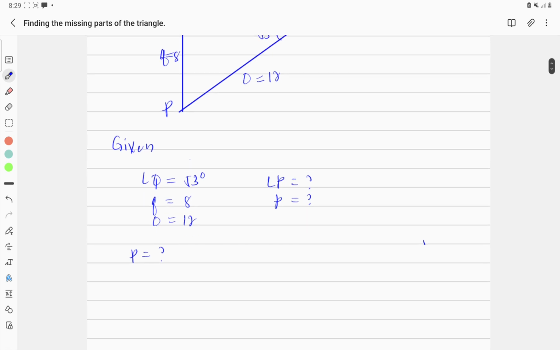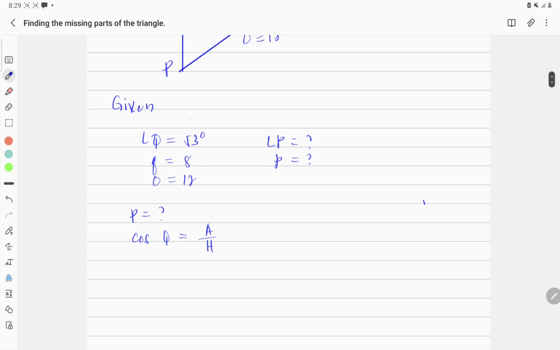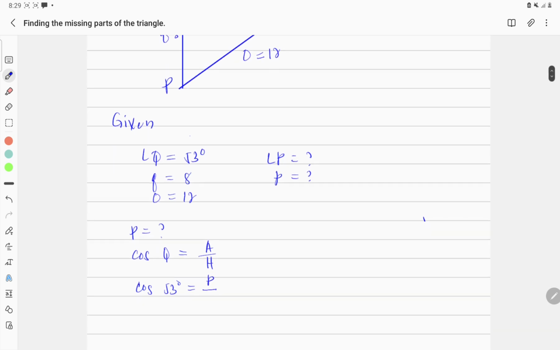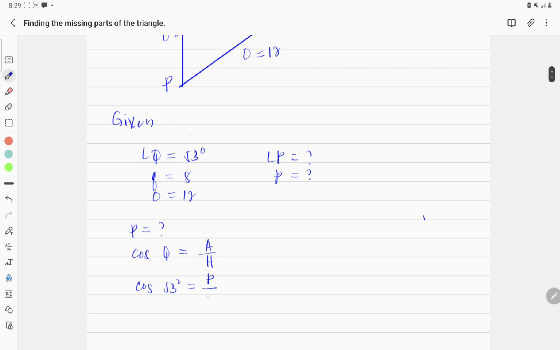Cosine Q is equal to adjacent side over the hypotenuse. In this case, cosine 53 degrees is equal to P, which is your adjacent, all over 12, which is the hypotenuse.